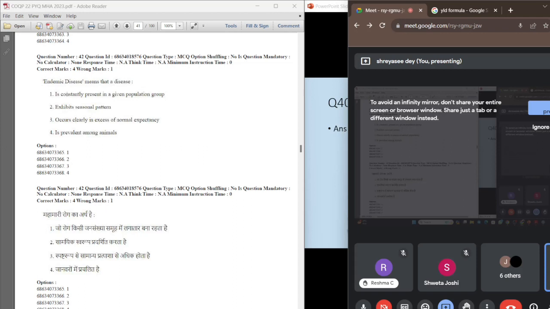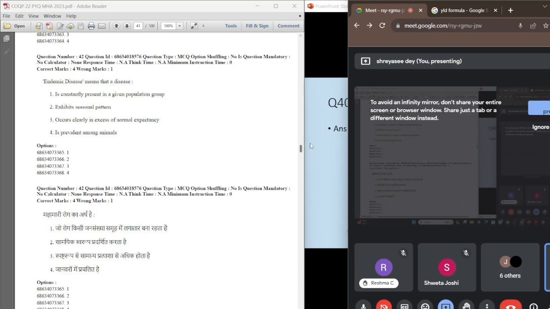Whenever something is called endemic, the endemic population, endemic disease, or endemic XYZ, endemic is when a thing is confined to one particular place. In the case of diseases, that particular place is a population group. So an endemic disease is one that is constantly present in one given population group, or is more prevalent in one given population group. Like sickle cell anemia is more seen in African American people. That is an endemic disease. Pandemic, we all know, is present all over the world.